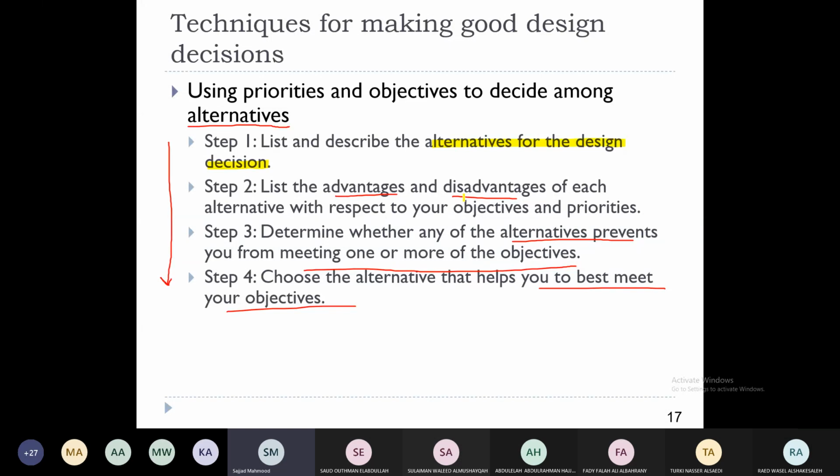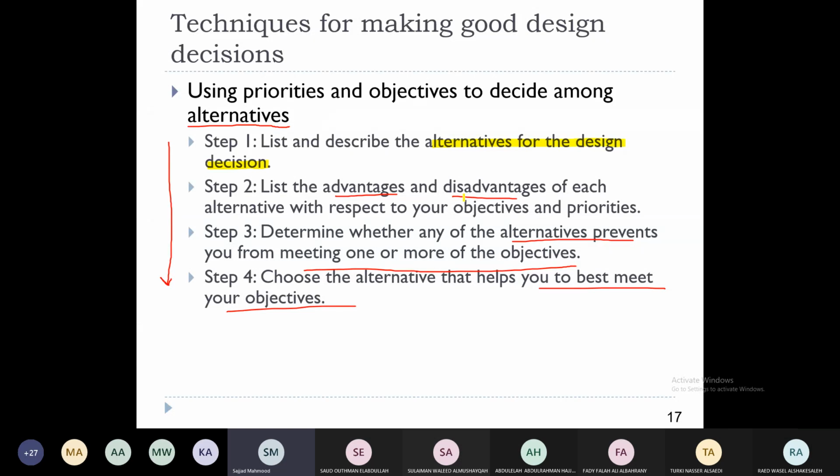You look at their pros and cons. You look at whether they will restrict you in achieving one of your objectives, and then you select the best one, which you believe is going to help you achieve your target.